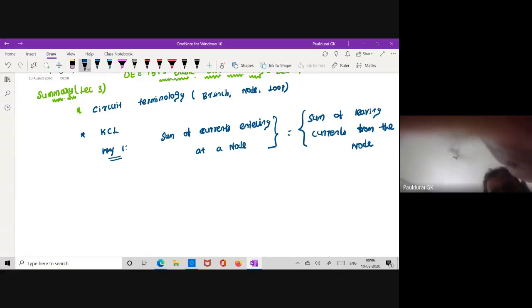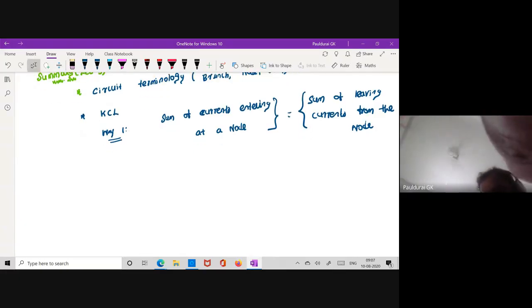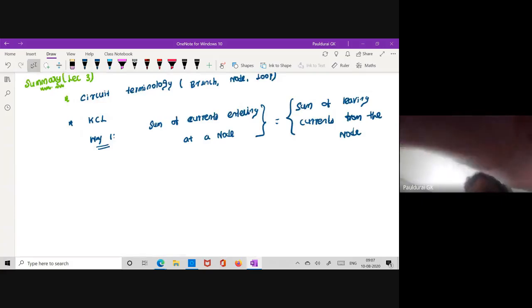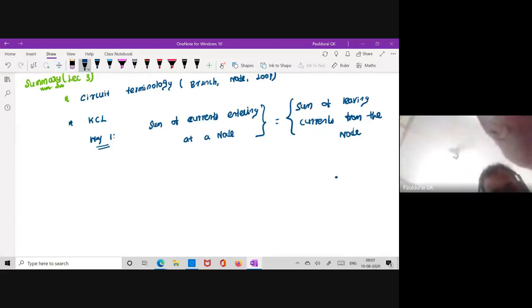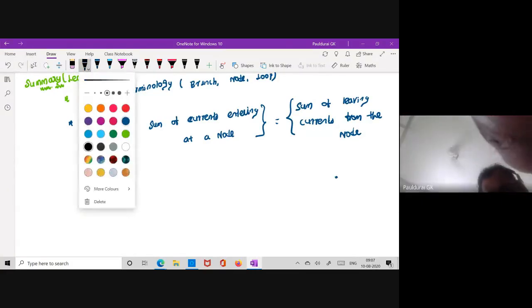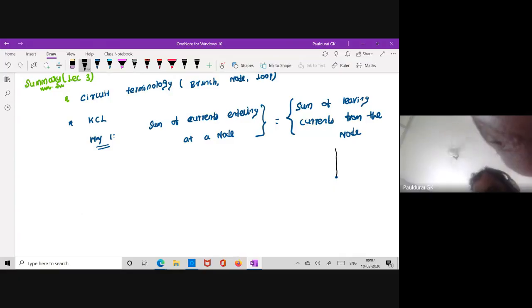Now take, for example, this circuit. This time I want to take only 4 branches. This is my branch 1, I1, this is I2, this is I3, and this is I4.